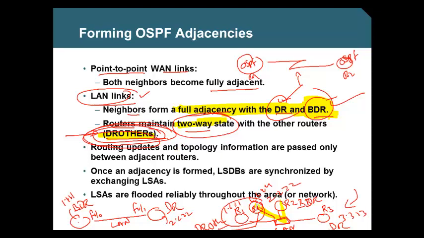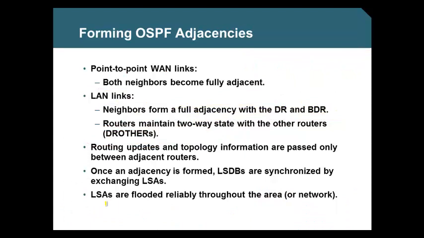Like I said, between R1 and R4 there is a two-way relationship, but between R1 and R3 there will be a full relationship, full adjacency. Routing updates and topology information are passed only between the adjacent routers. Right? Only when we have full adjacency are the routing updates and topology information shared.